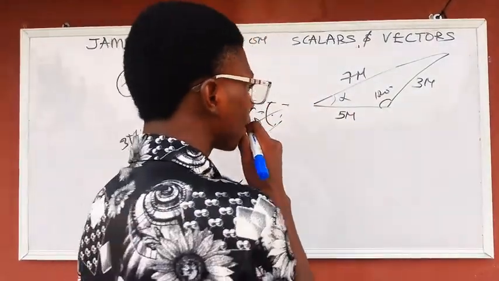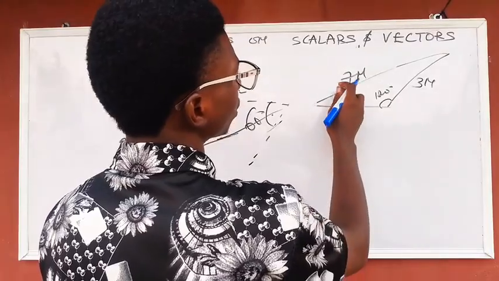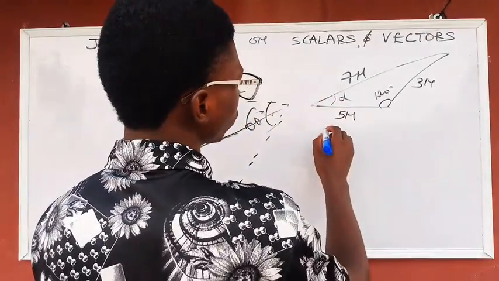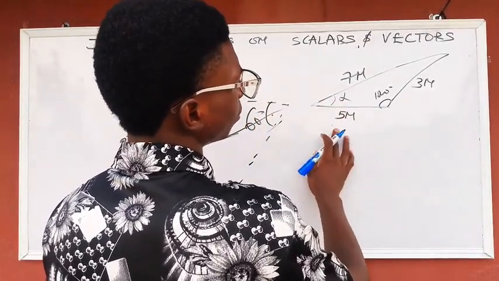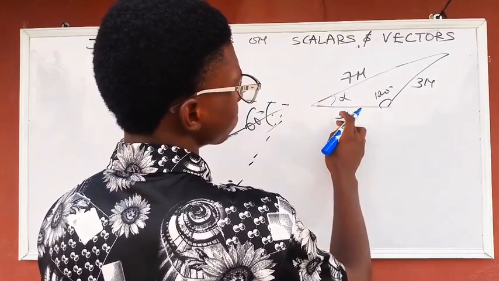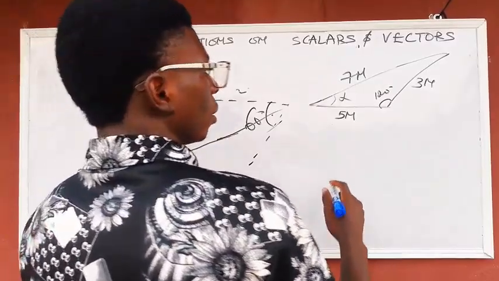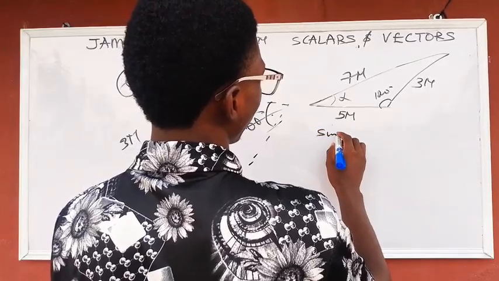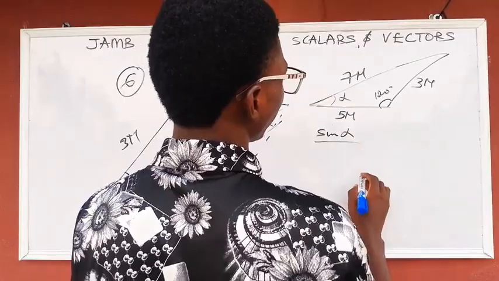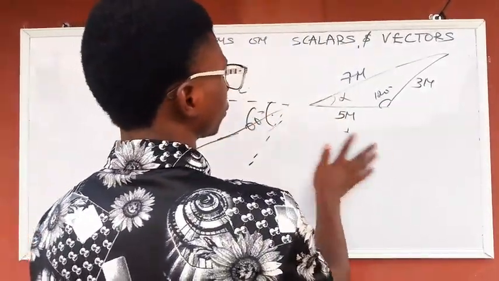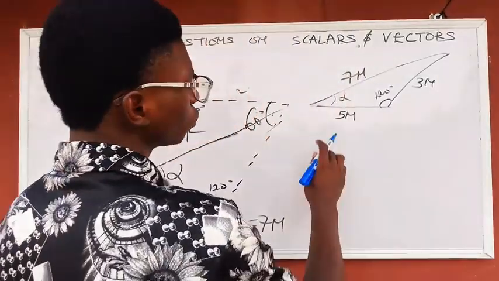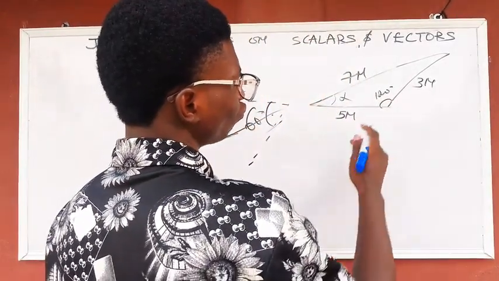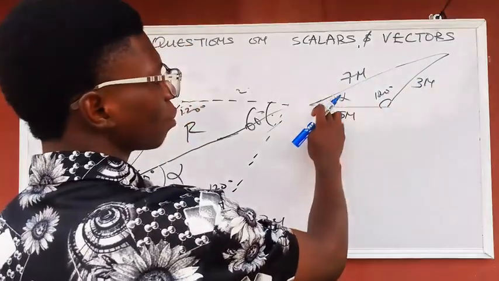So we state that this angle all over... we're going to be using this sine rule to find the answer now, which states that this is the side and this is the angle facing this side.